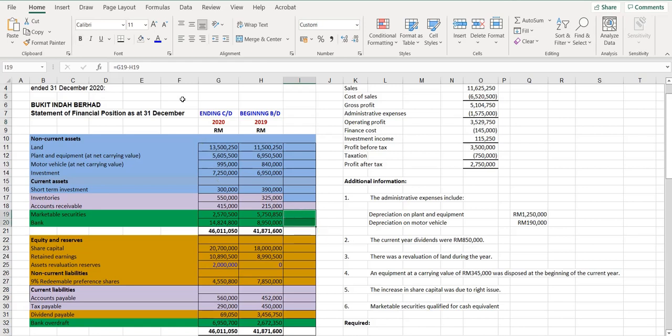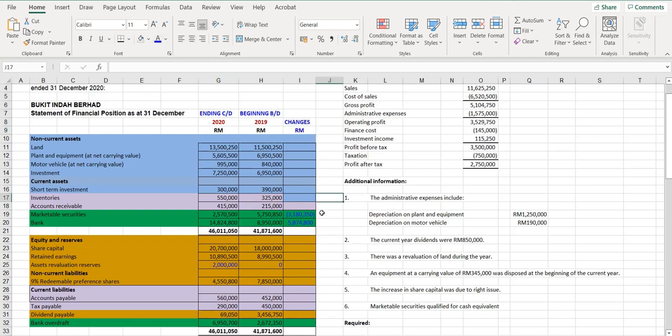So we'll be doing the changes here. For marketable securities, there was a decrease, from 5.75 down to 2.57. For the bank, you can see there was an increase. So this column is for your changes.